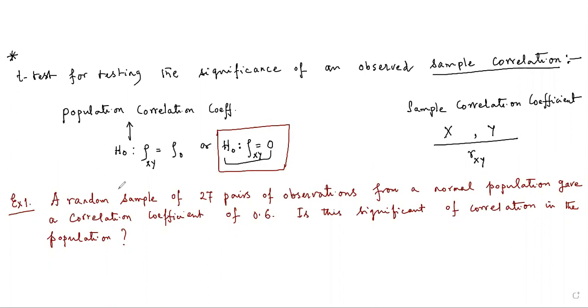Or you can say that if the sample is showing correlation, there must be some sort of correlation between the population random variables. Now, this is not always the case. You have to understand the situation properly. What the sample is showing will not validate that the population random variables will behave in a similar manner.